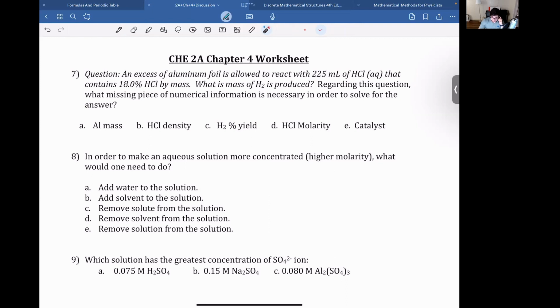So one way you could solve this is if they gave you the density of the solution. Well, why does that help? Because if they gave you the density of the solution, then you can find the mass of the solution. Then you can find the mass of HCl, and then you can find the moles of HCl. Similarly, if you have the molarity, then you can just find the moles of HCl. So there's 2 answers here.